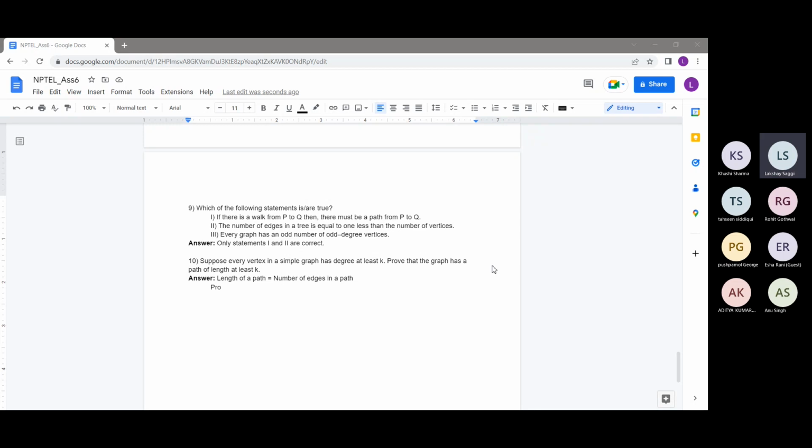Even if the node's degree in the path is 1, it does not mean its degree in the whole graph is 1, right? In the whole graph, it can have 5, 10 more edges, 100 more, any number of edges, right? So this sort of argument is not something which will work.